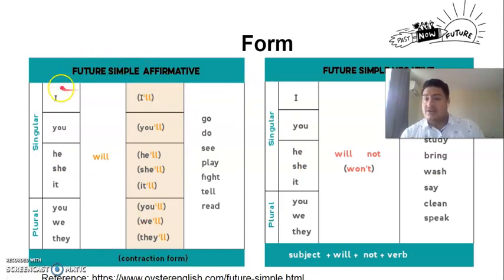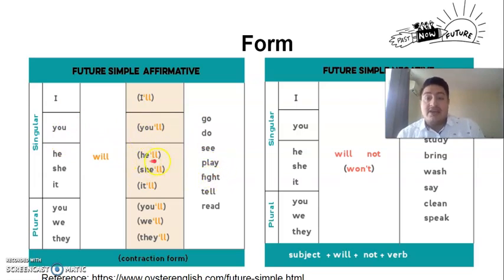For the affirmative, here you can see the subject pronoun, you have will, and the base form of the verb. And for contractions, you can see here in this column, the contraction for I will go would be I'll go. If you say you will play, the contraction is you'll play.